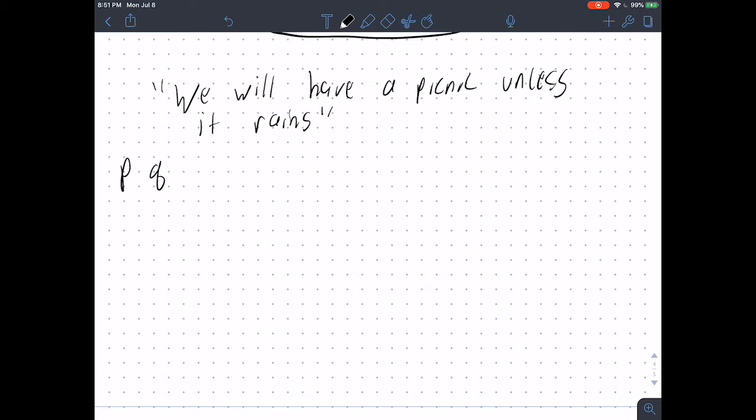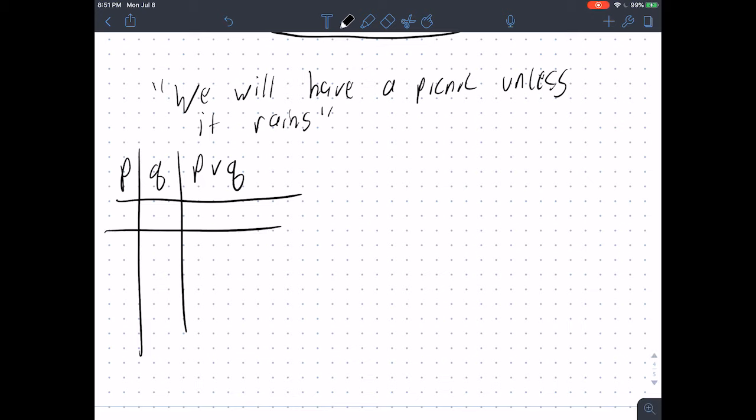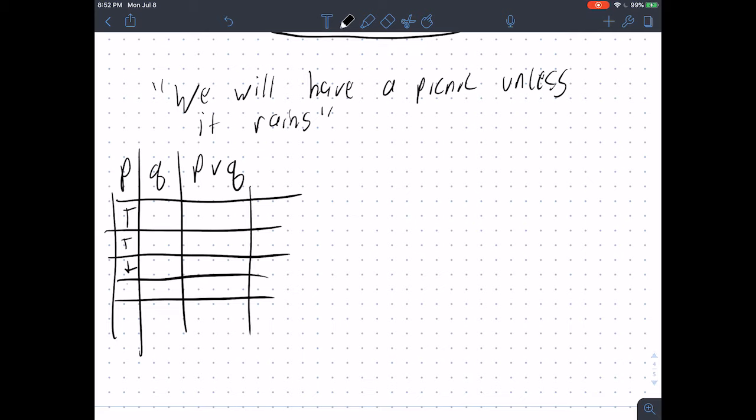So Q. Okay, so we would translate this, we will have a picnic unless it rains, according to official logic book rules, as P or R, right?